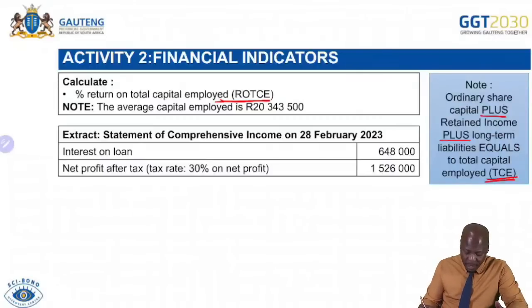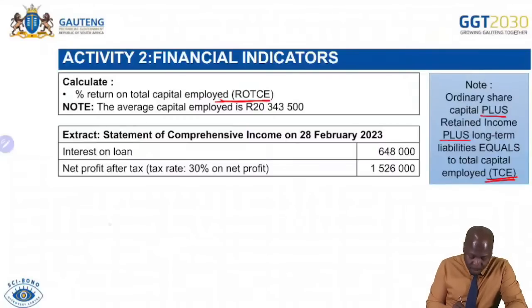So let us now do some calculations. If I am to calculate my percentage return on total capital employed, I'm going to need my net profit before tax. Let me write the formula down.